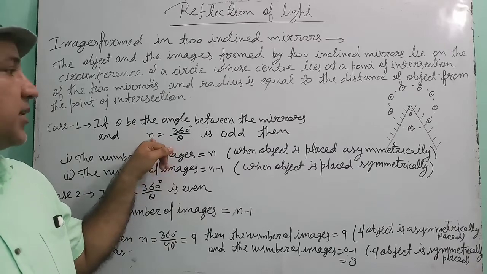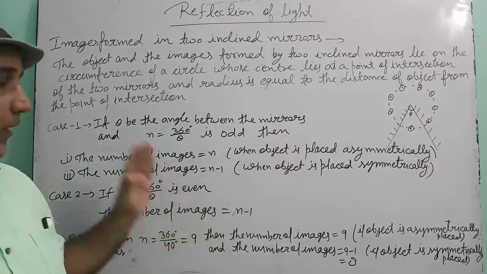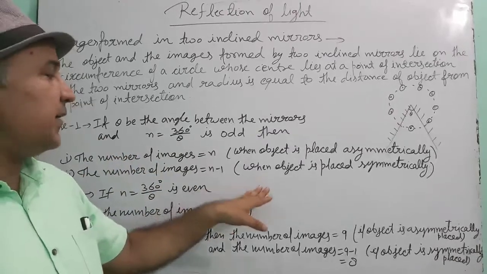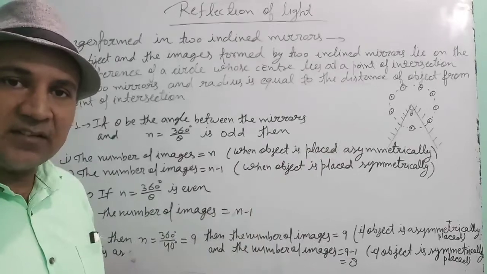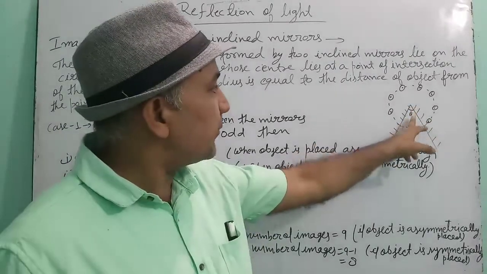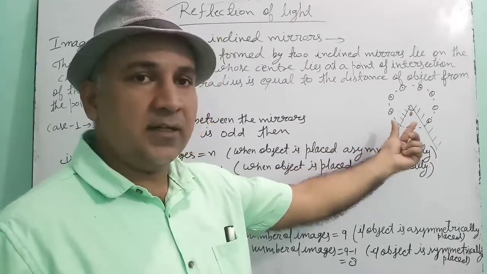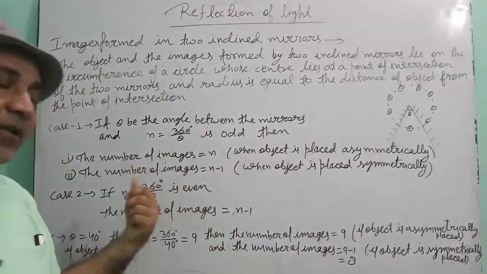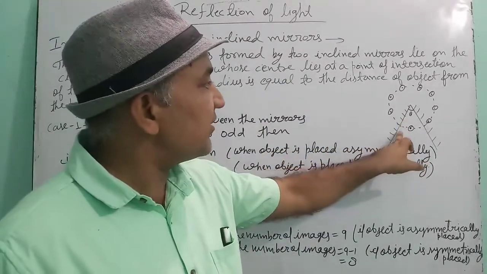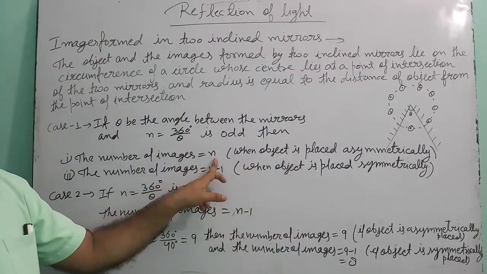The number of images will be n if the object is asymmetrical, and n minus 1 if the object is symmetrical. Understood? If the object is kept symmetrically between the mirrors, then the number of images will be n minus 1. And if the object is kept asymmetrically, on this side or that side, then the number of images will be n.